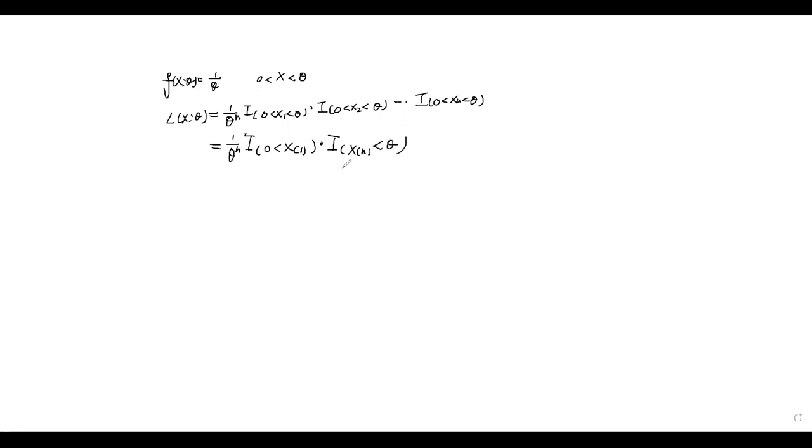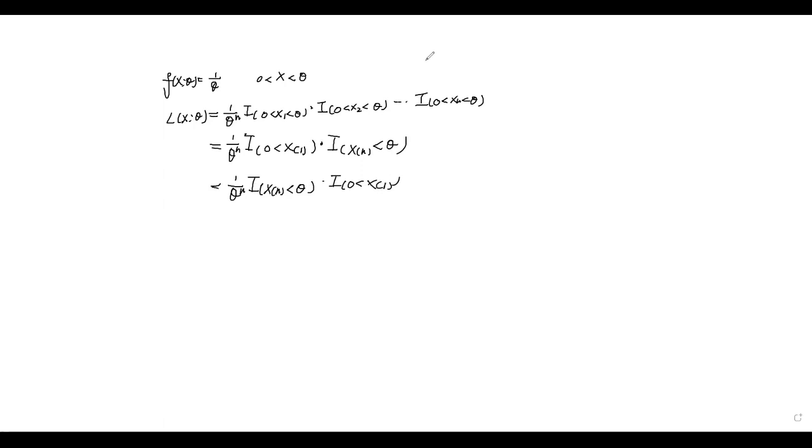Now if we rearrange this a little bit, I will put this as 1 over theta to the n, times the indicator of the order statistic x(n) less than theta, times the indicator for x(1) greater than 0.